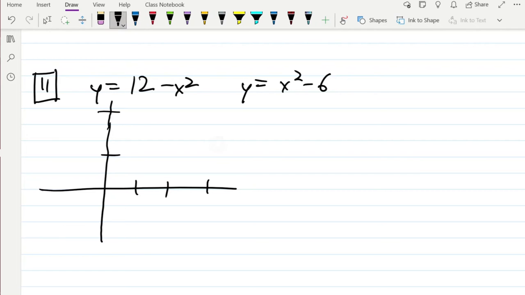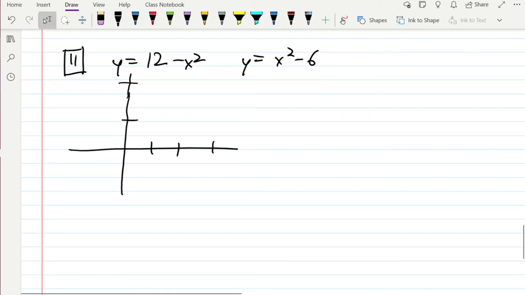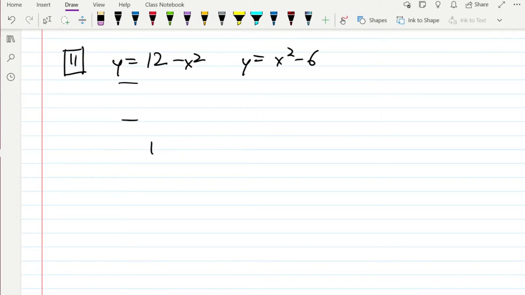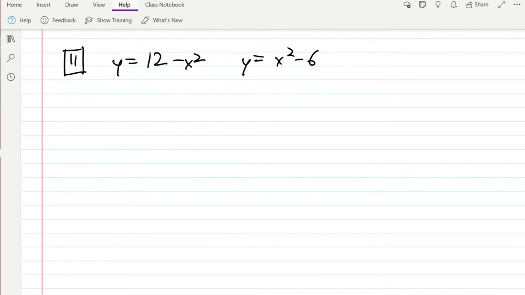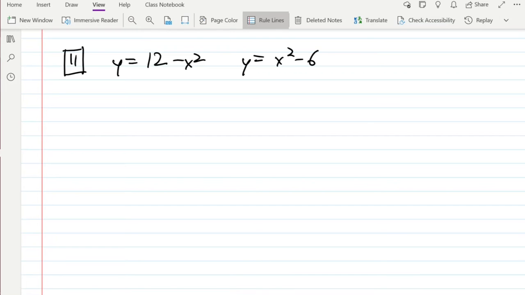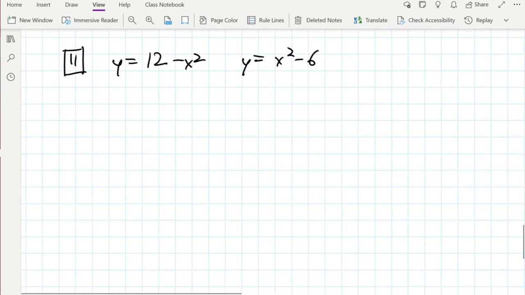Okay, so actually I want to make this a little bit bigger, and I'm also going to make this a grid.